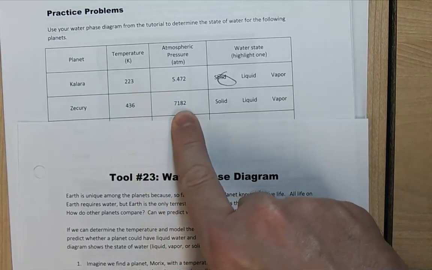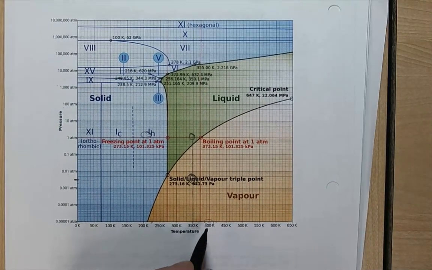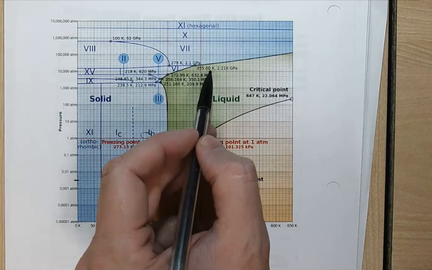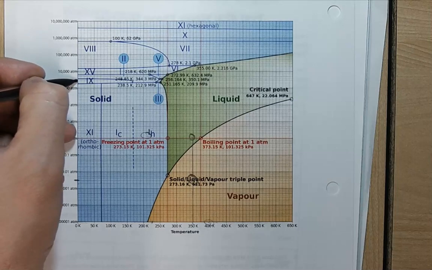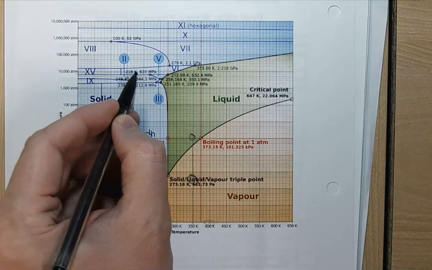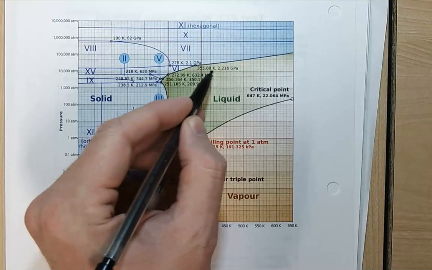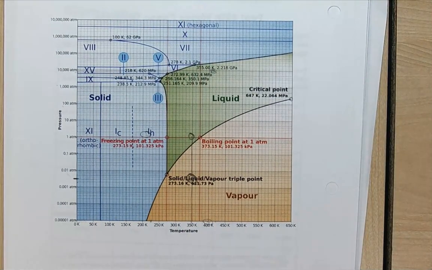430 Kelvin, 7,000 atmospheres. 1,000, 2, 3, 4, 5, 6, 7. So 7,000 atmospheres, 430 Kelvin. Yep, that's still liquid.